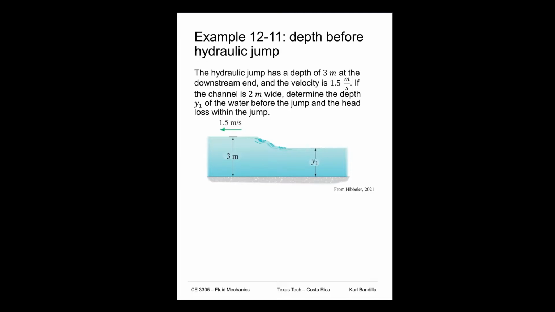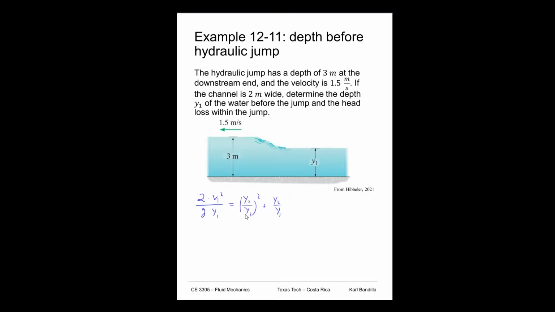To do that, we can use one of the equations that we derived: 2 times v1 squared over g times y1 is equal to (y2 over y1) squared plus y2 over y1.